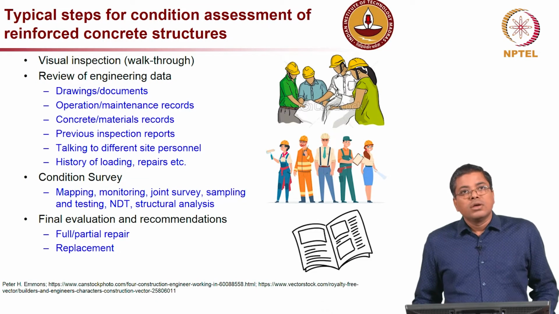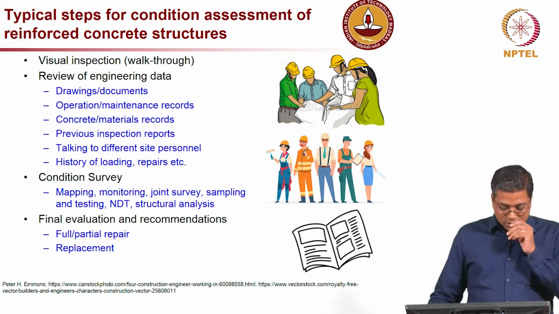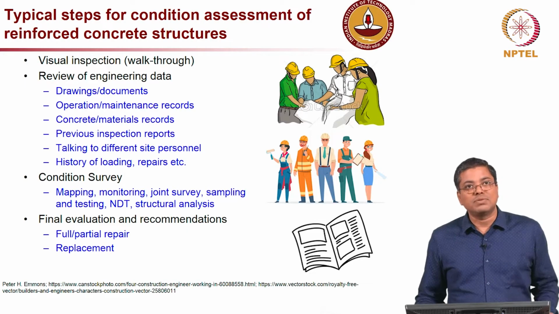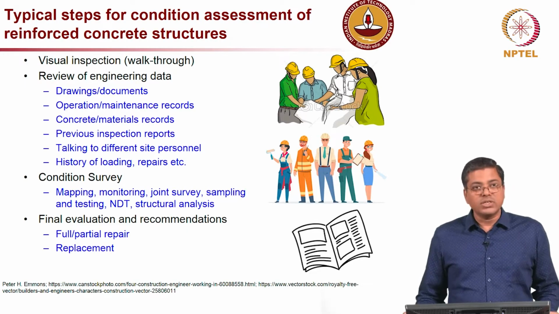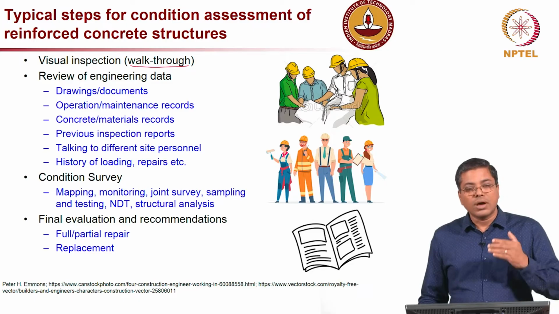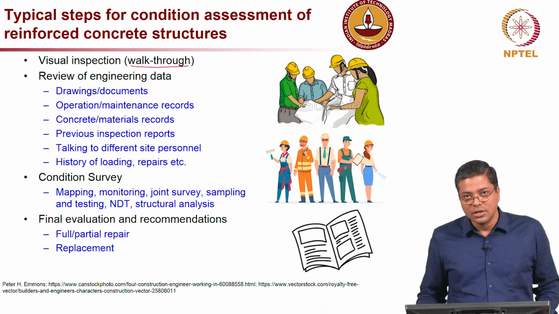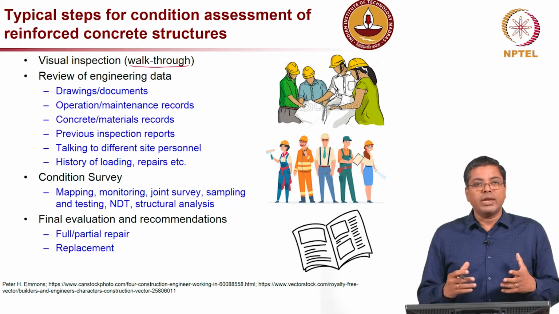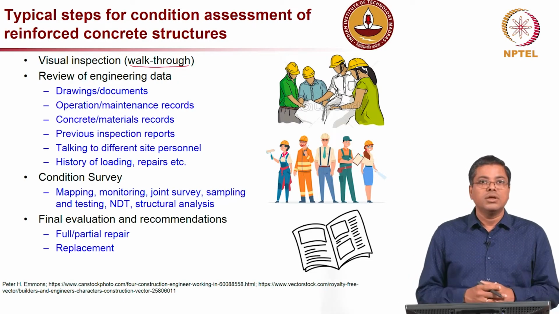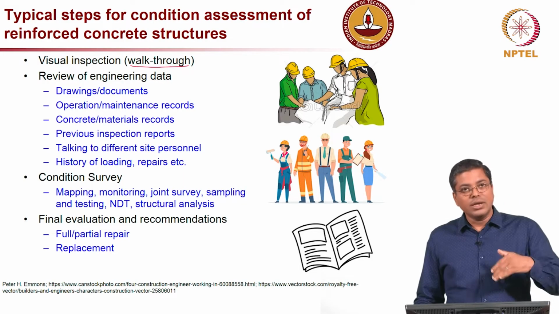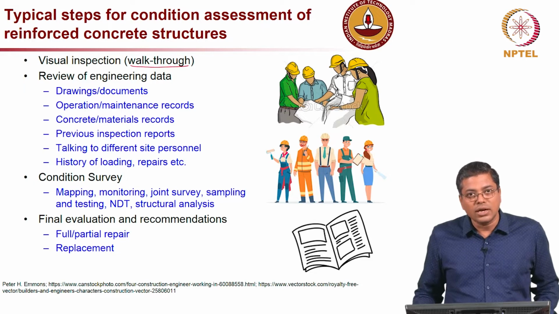Now, when you talk about condition assessment, globally you can say these are the steps which we have to follow. The first thing to do is a visual inspection, mainly a walk-through, where you have to really feel the structure and see what is the type of damage, because if you depend on the information given by others, sometimes knowingly or unknowingly you might not get full information.